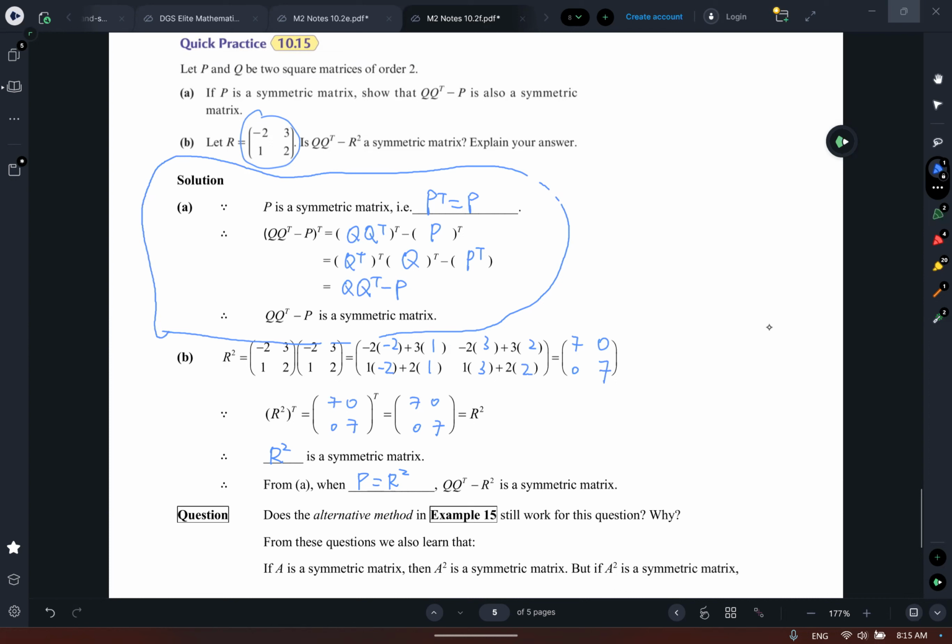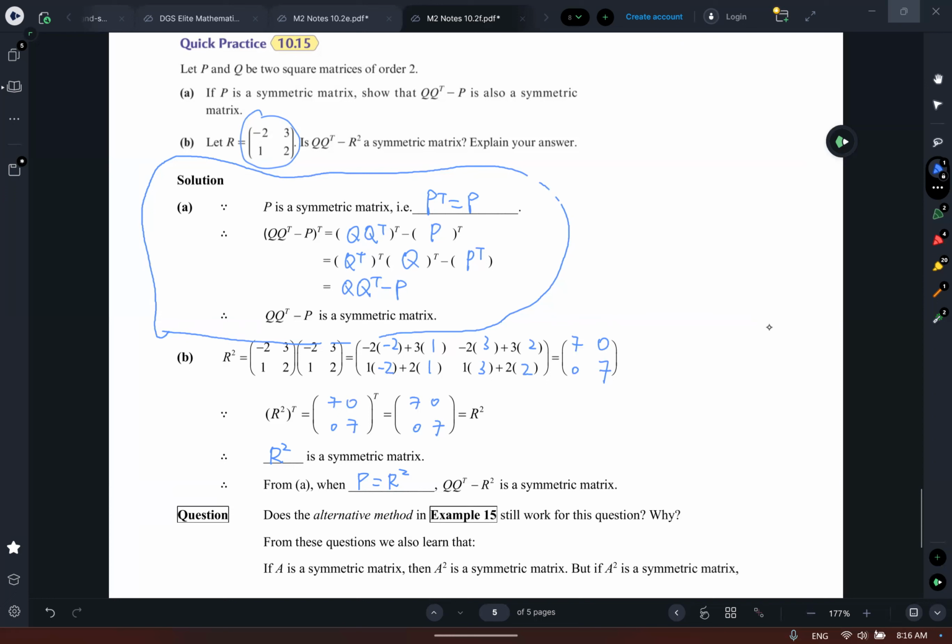In the example, it's more obvious because R itself is symmetric, so R squared must be symmetric. But in this one, R itself is not symmetric, but R squared is symmetric. This may be very difficult to understand. So that's something new we learned. The second method does not work.